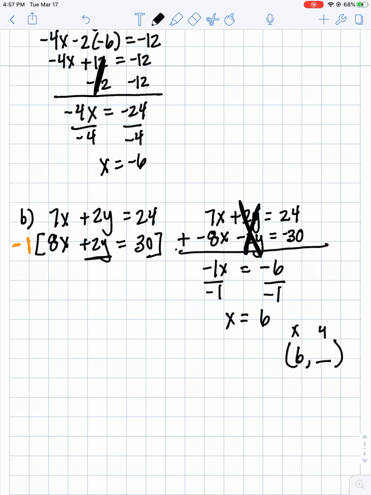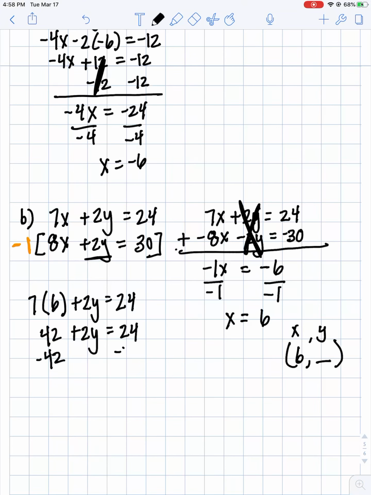So if you haven't realized yet, you have to have an x and a y, your ordered pair. So I know x, I do not know y, so let's go back and plug in x to find y. So 7 times x, which is 6, plus 2y equals 24. That was the original equation. 7 times 6 is 42, plus 2y equals 24.